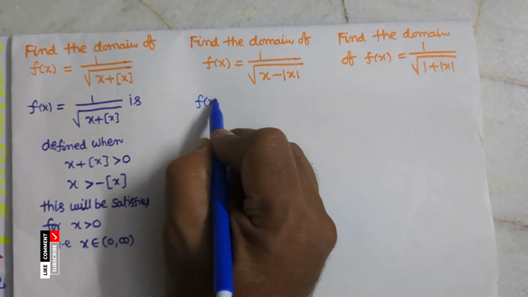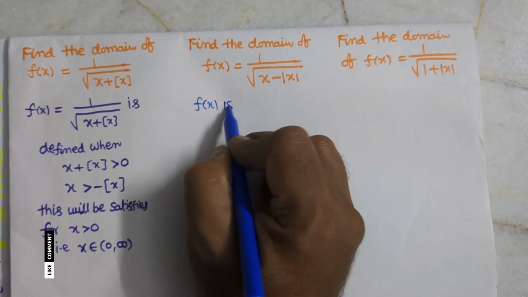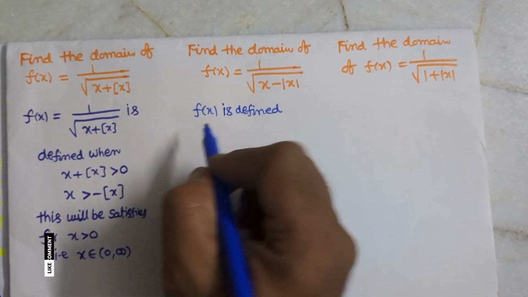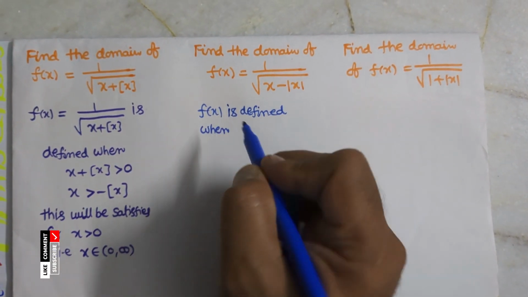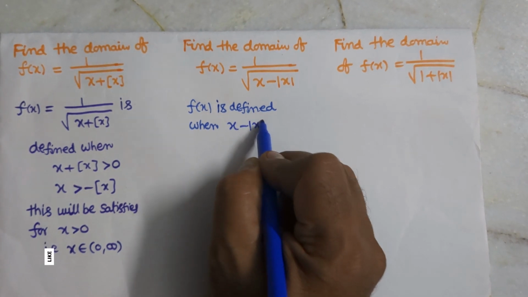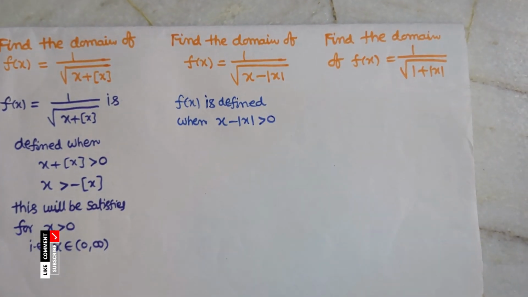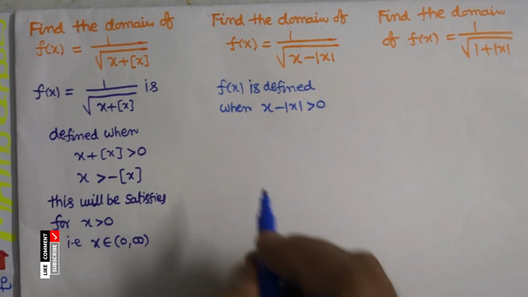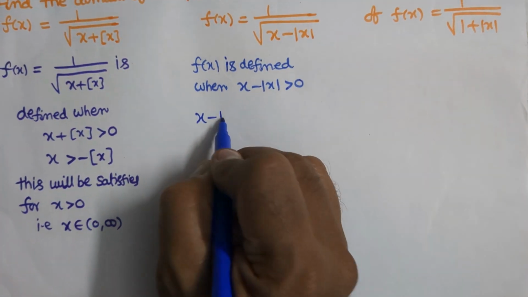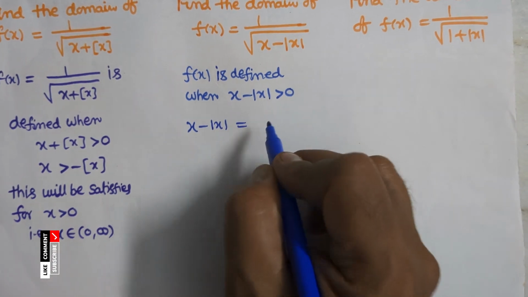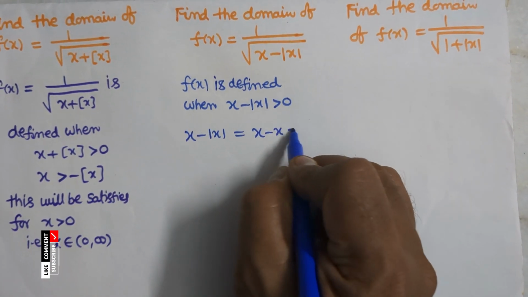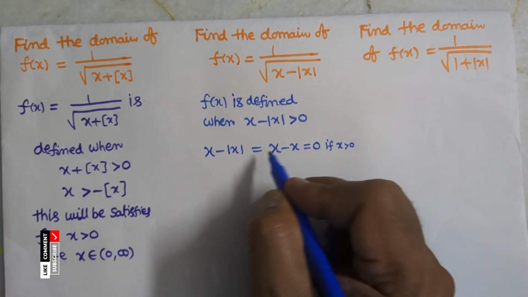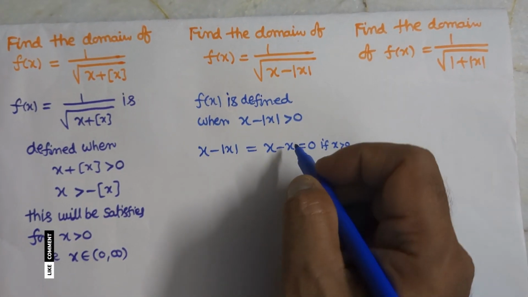F of x is defined, instead of writing the whole function, directly I am writing, defined when x minus mod x is greater than 0. Here first I will define the function: x minus mod x is equal to x minus x equal to 0 if x is greater than 0. When x is greater than 0, mod x is plus x only, so it will be 0.